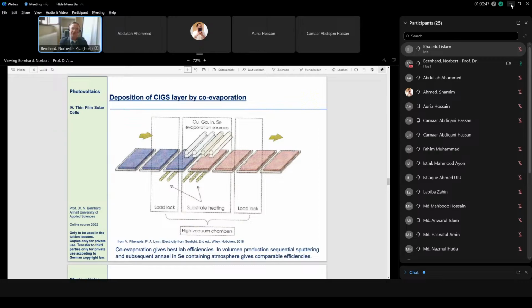And therefore, by this blended concept, I mean, this is also a difference to inorganic photovoltaics. Then the electron and hole are separated, and the hole goes here to that contact, and the electron goes to the opposite contact.